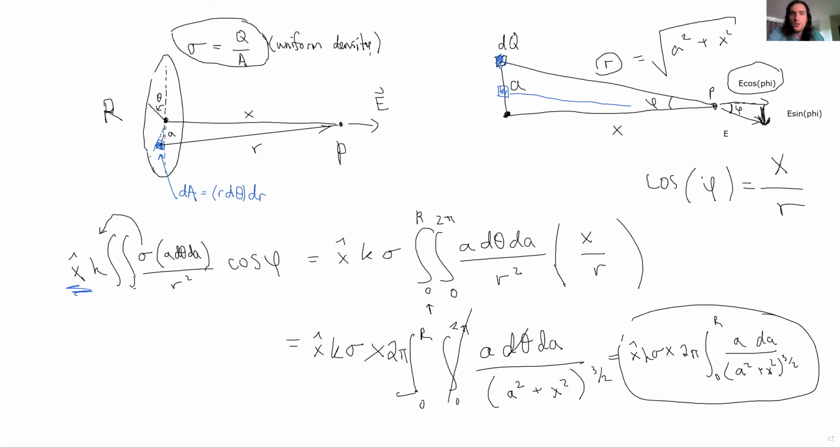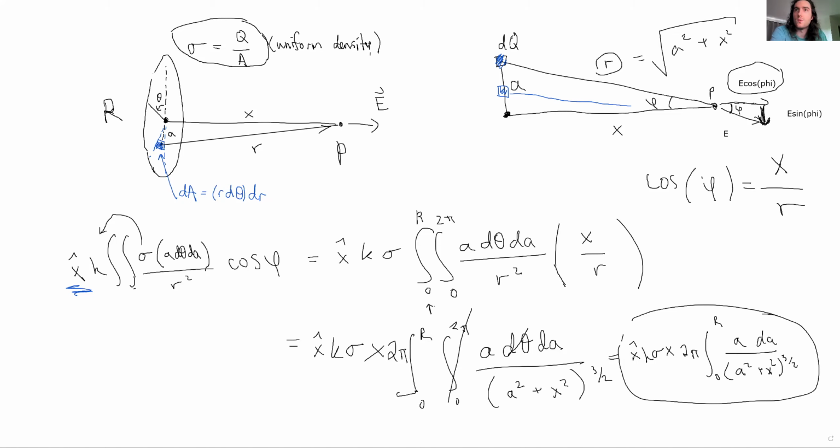So let's punch it in now. Let's find Wolfram Alpha, so we can just do it kind of quick here. So we're looking at the integral of a divided by a squared plus x squared.